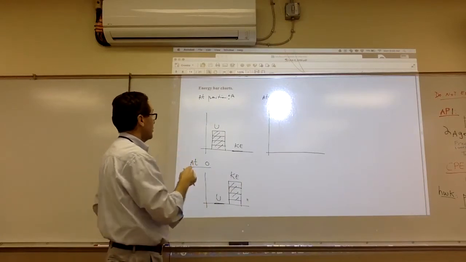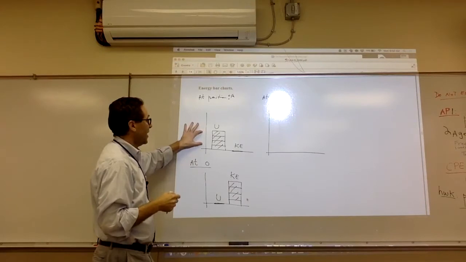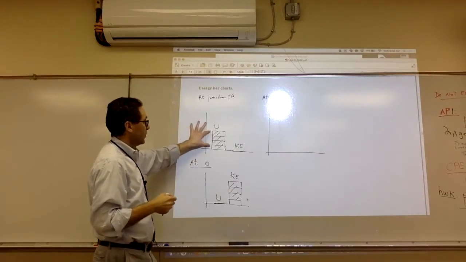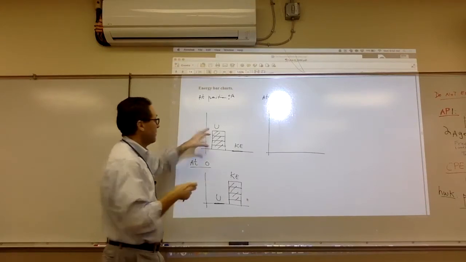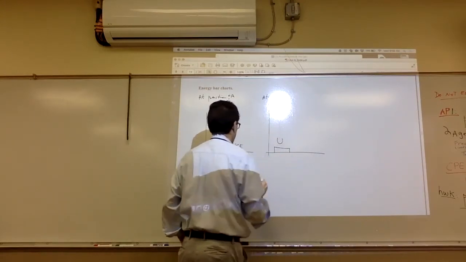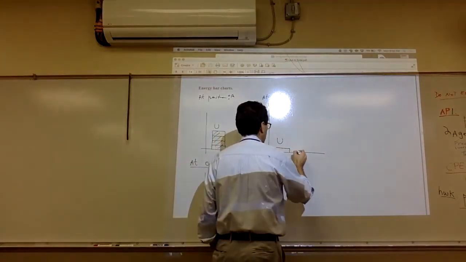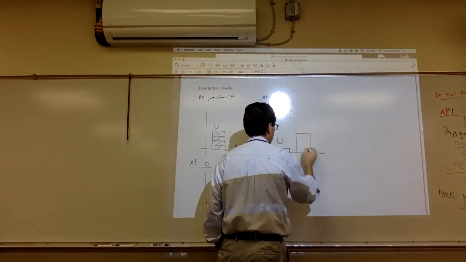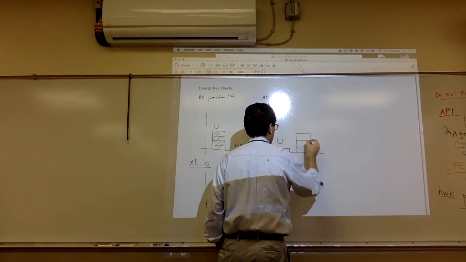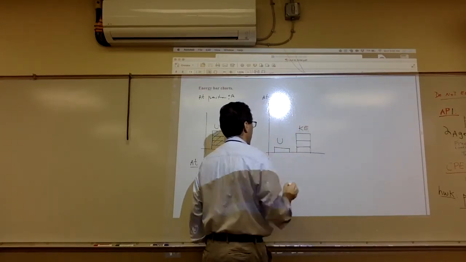At A over 2, because of the square on top of the x squared, you only have a quarter of this energy here. So you should only have 1 bar for elastic potential energy. And the other 3 bars should be in the form of kinetic. Okay? So this is your kinetic energy.